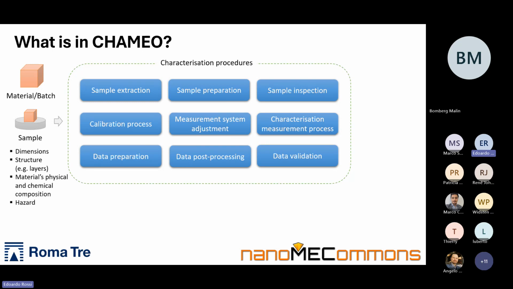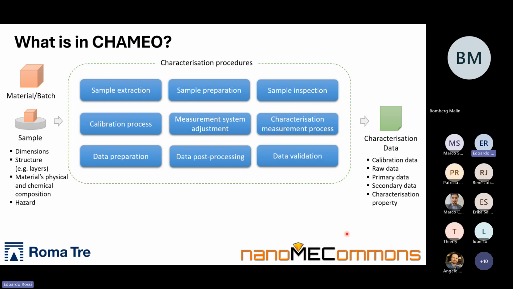All these 9 characterization procedure steps give us the final output, which is the characterization data that now is clearly composed by the calibration data, the raw data, the so-called primary data, which are eventually parts of the raw data that are crucially needed to define our properties.